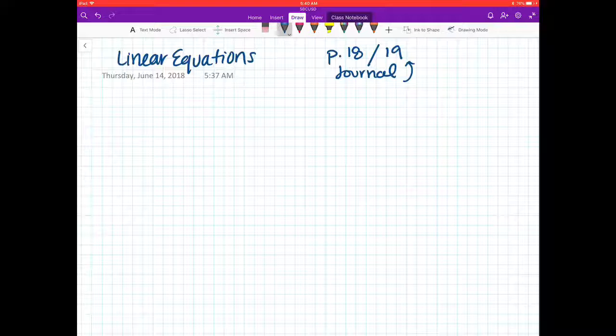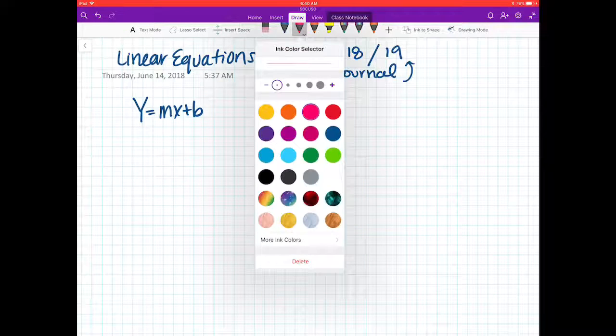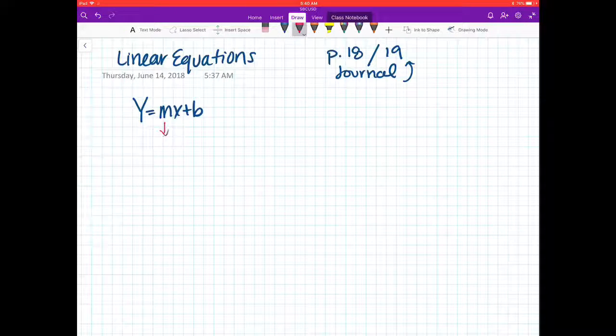Let's go ahead and talk about the linear equation. It's called y equals mx plus b. Yesterday we talked about m is called the slope. M, how does it help you to graph?